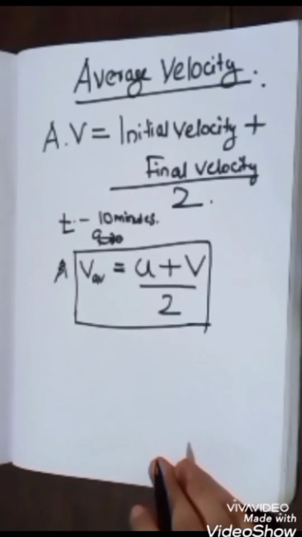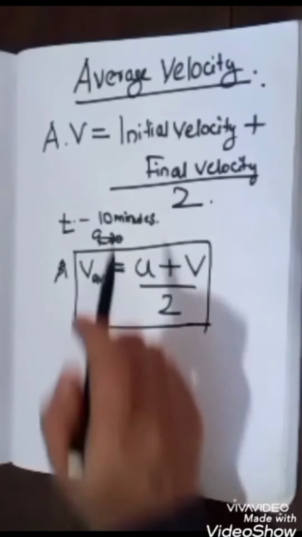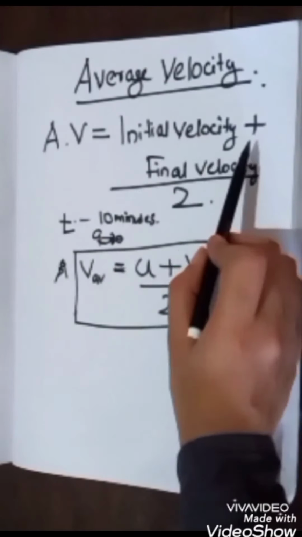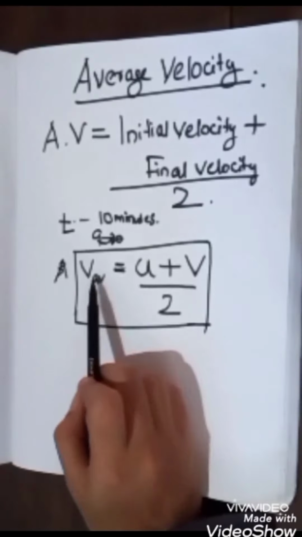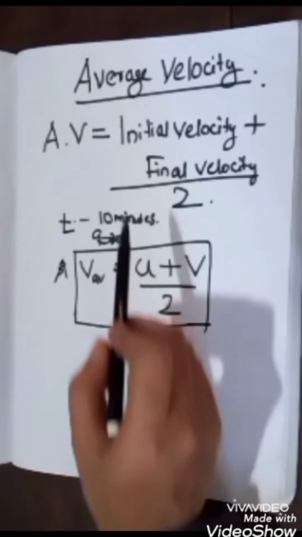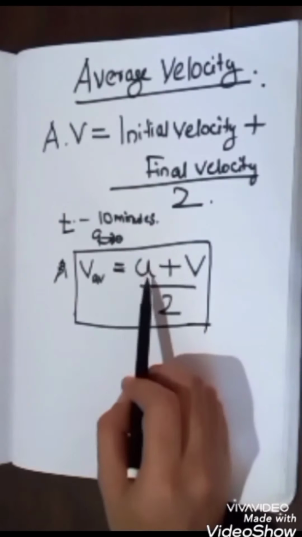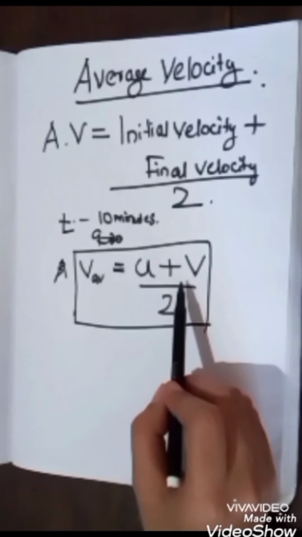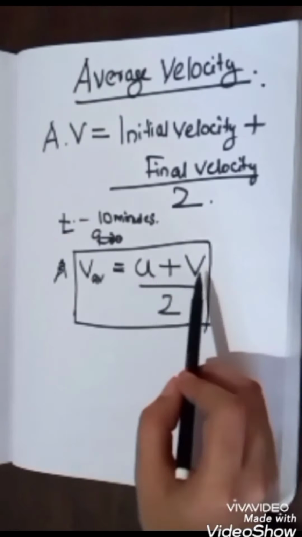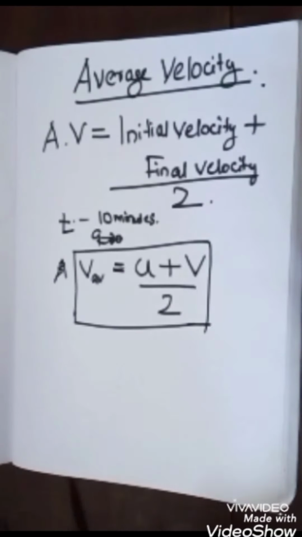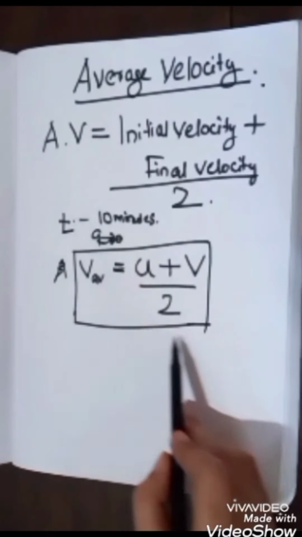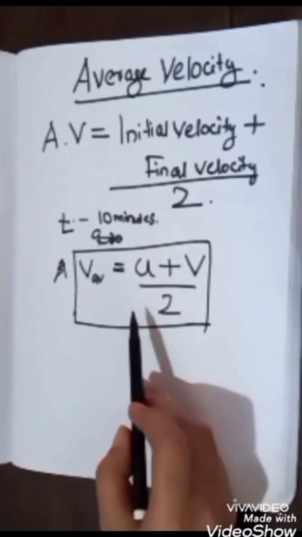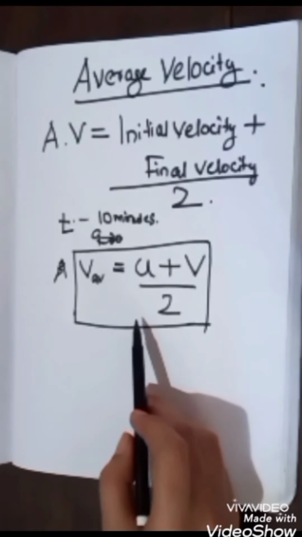So, what is average velocity? Average velocity is equal to initial velocity plus final velocity, all divided by 2. That is, V average is equal to U plus V by 2. Or how can we define average velocity? Average velocity is the arithmetic mean, which you studied in mathematics.